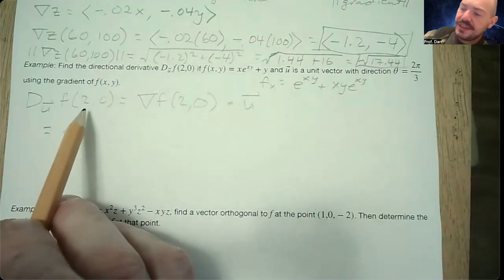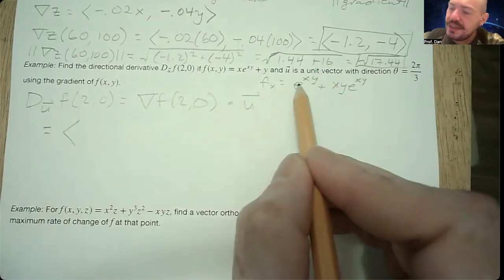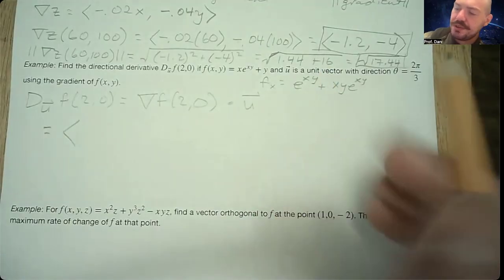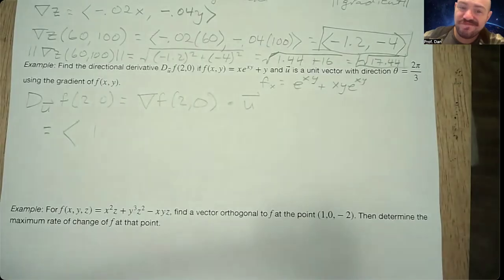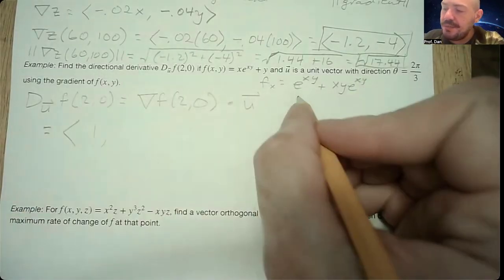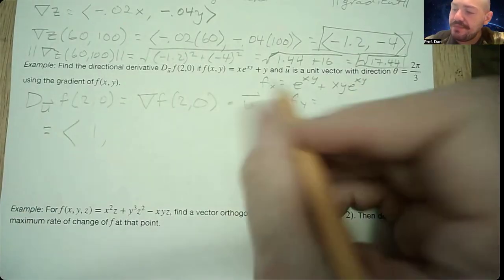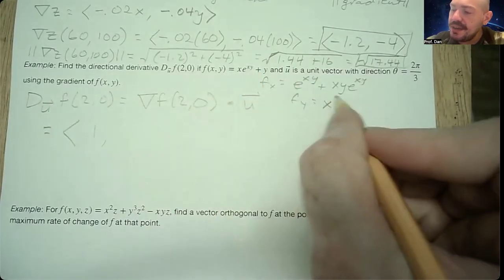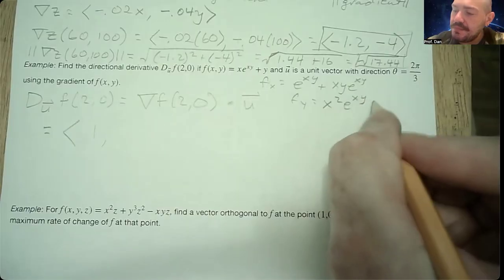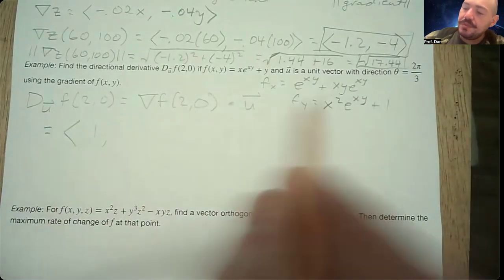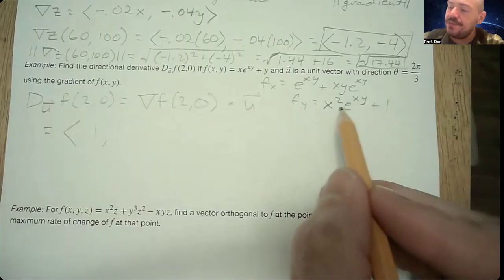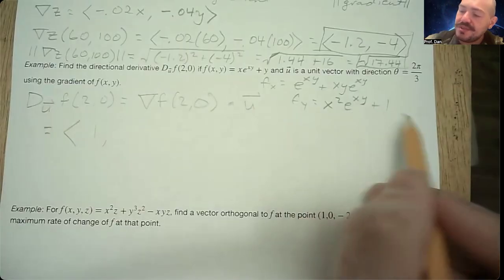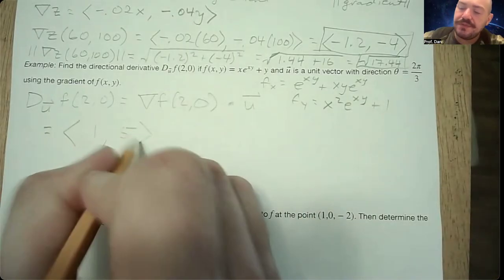So if I evaluate that at 2, 0, we get e to the 0, 1 plus 0 gives me 1. Also to remind ourselves, fy was equal to x squared e to the xy plus 1. If I plug those same coordinates in, I get 4 times 1 plus 1, so 5.